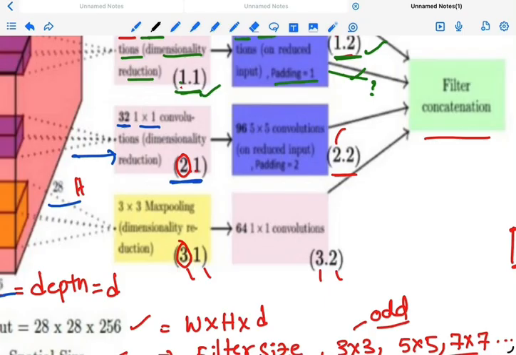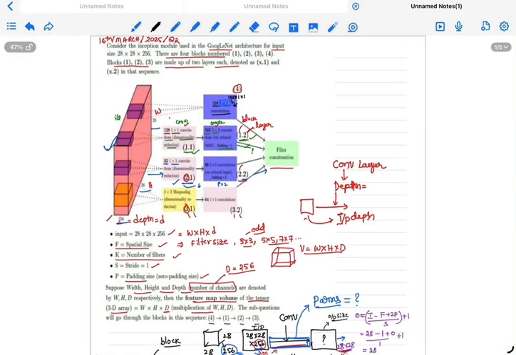For layer 2, 2.2, apply 96 filters of size 5 cross 5 on the reduced input, because of layer 1, with padding equal to 2. Then we pass it through the filter concatenation.